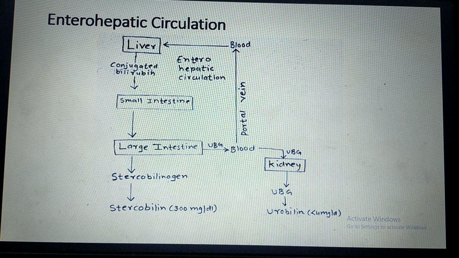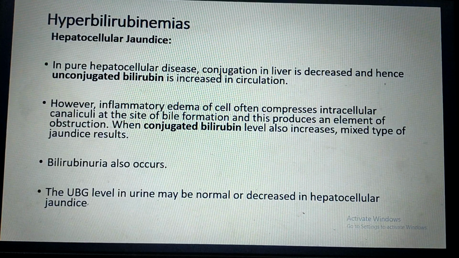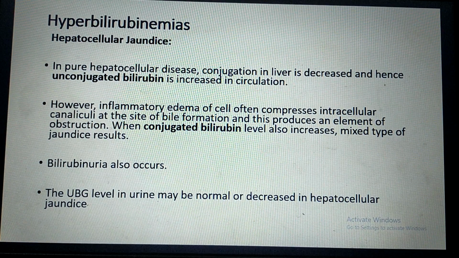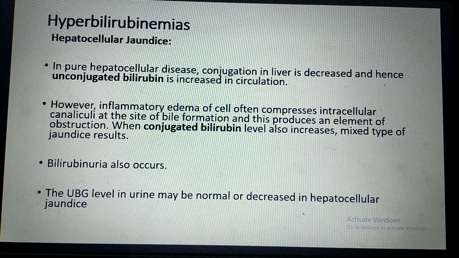Whenever there is obstruction to the bile flow, the conjugated bilirubin does not reach the large intestine, or a lesser amount of conjugated bilirubin reaches the large intestine, leading to less formation of urobilinogen. So urobilinogen level is decreased or normal, but in hemolytic jaundice urobilinogen level is increased, which is detected by Ehrlich test.